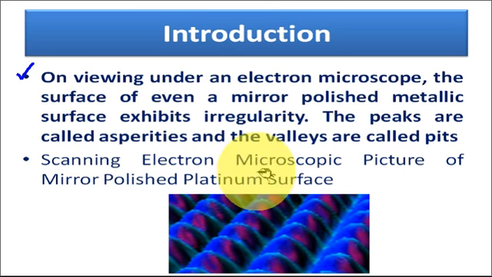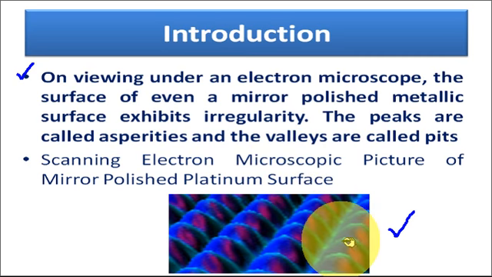This is the scanning electron microscopic image of a mirror polished platinum surface. We can clearly see in this picture many irregularities in the form of peaks and valleys at the metal surface. These irregularities are the main cause of the frictional resistance.